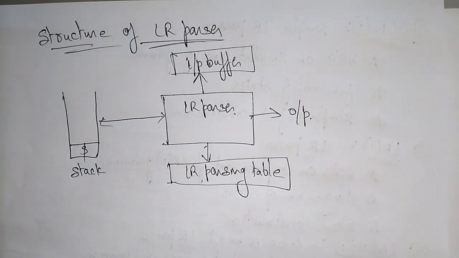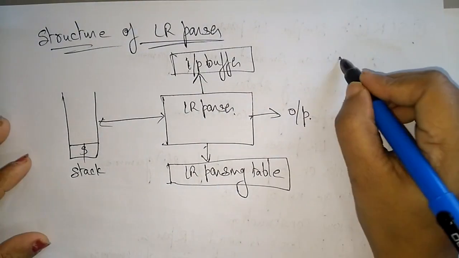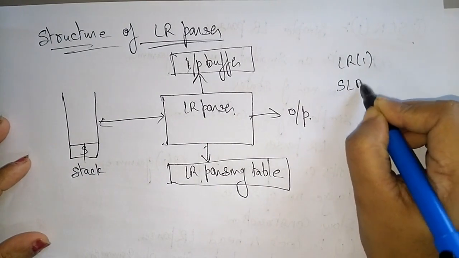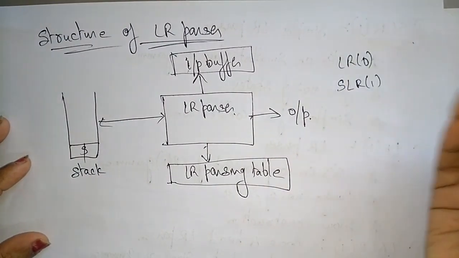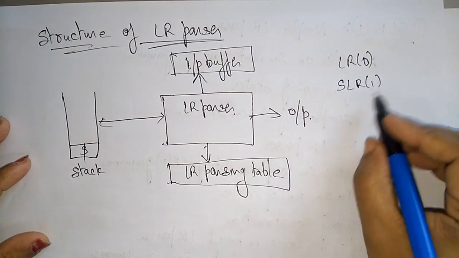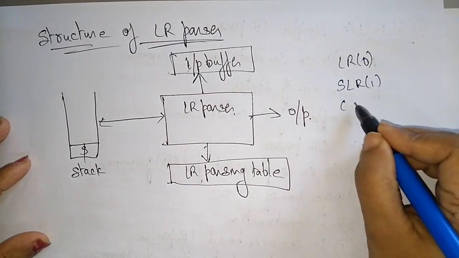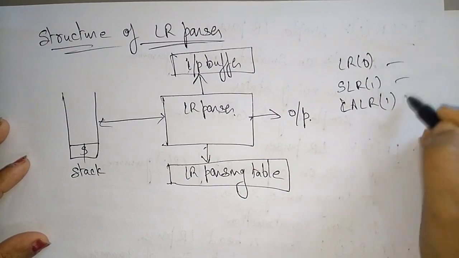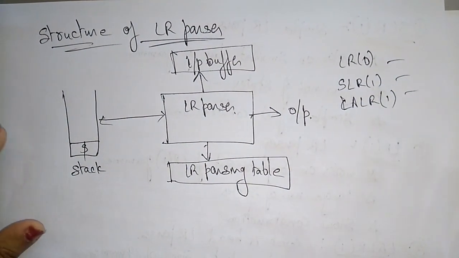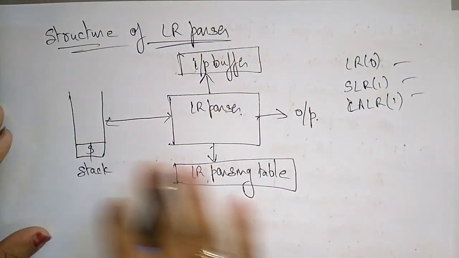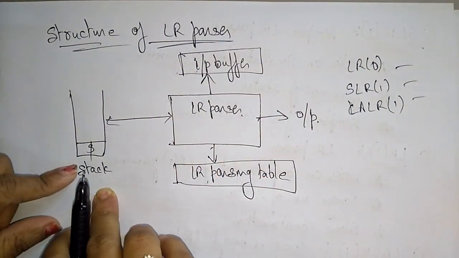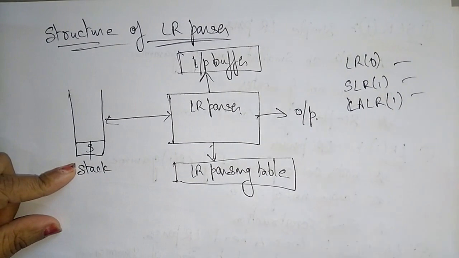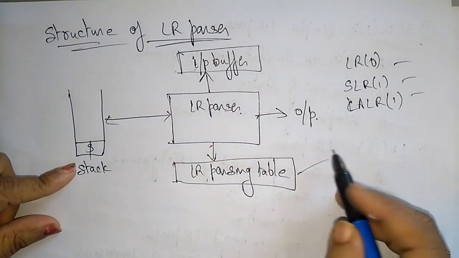Actually, whatever parsers you are taking, that is LR0 or LR1, and SLR1, LALR1, for all these available algorithms, this structure is the same. They use the same stack, the same input buffer and LR parser, everything will be the same, but the only difference is the parsing table.